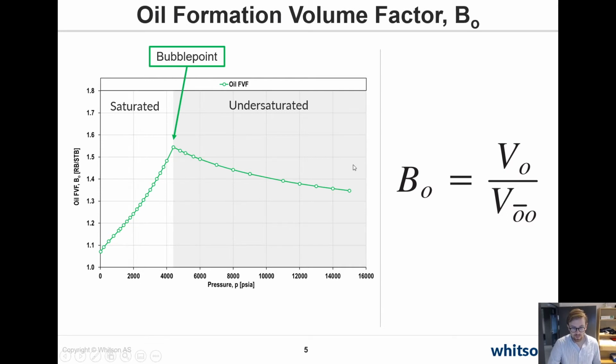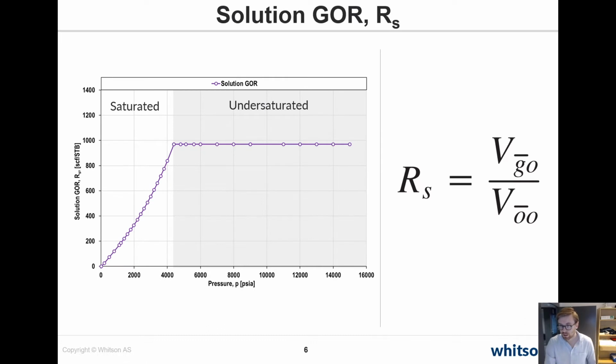The other relevant property for the oil phase is the so-called solution GOR, which is defined as the surface volume of gas originating from the reservoir oil phase, divided by the surface volume of oil also originating from this reservoir oil phase.